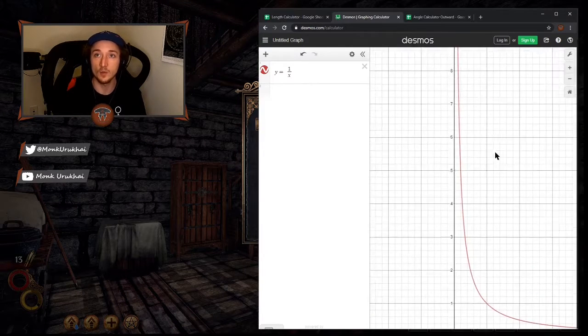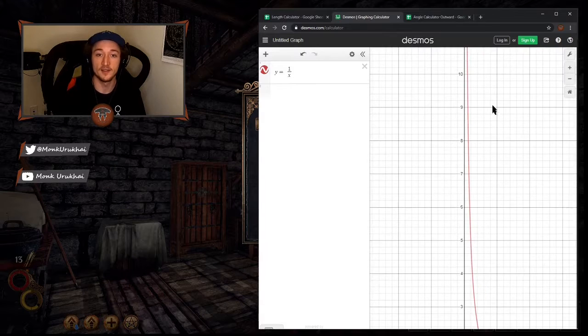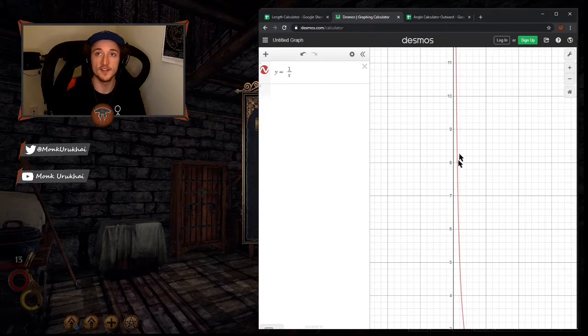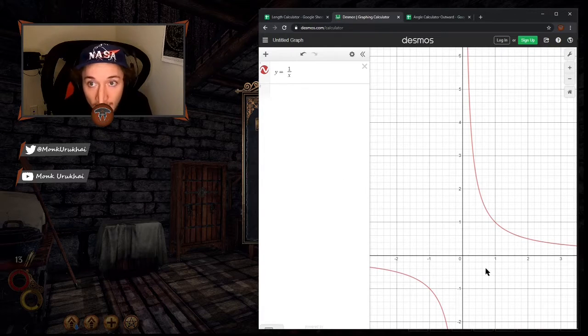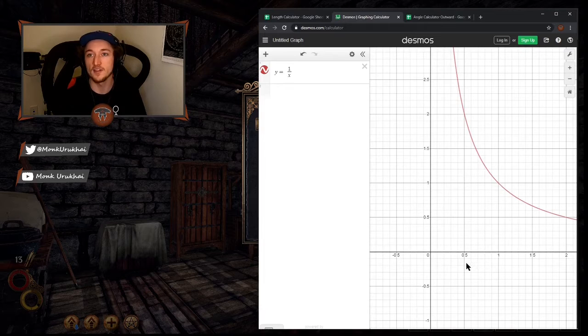Y will get big, and y will get big fast. And if you have errors in x, even if they're incredibly small, they become unmanageable when x is smaller than something like 0.5.